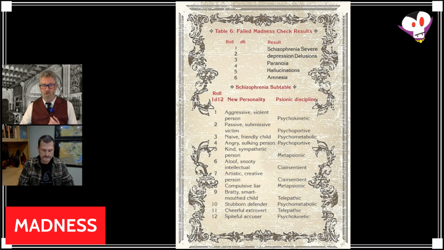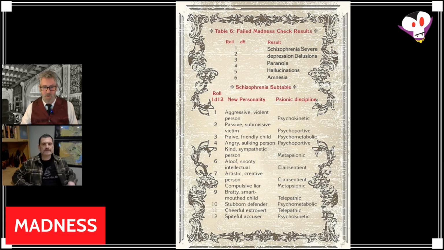But there's also this D12 rule that you can do to see what your new personality looks like. If you see on the screen there, for instance, if you roll a 2, you're a passive, submissive victim, and you only retain your psycho-supportive psionic disciplines, and you lose all the other ones. So you can't do a psionic blast or a psychic crush on anybody anymore because you're passive, submissive.